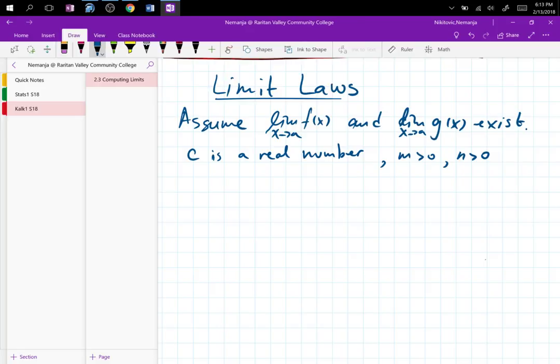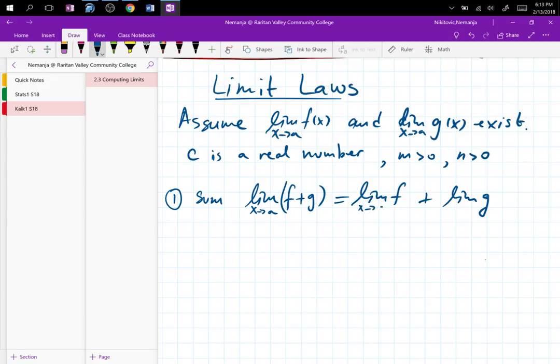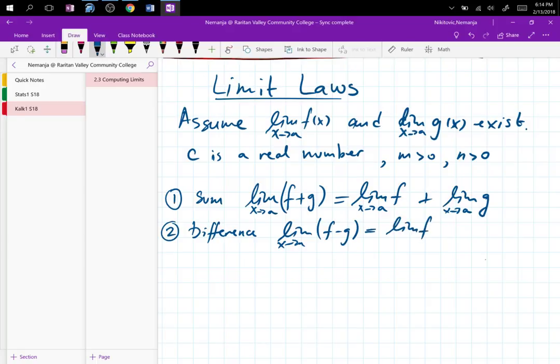Okay, let's take a look at the limit laws. Number 1 is the sum. The sum says that the limit of f plus g, where this is all f of x and g of x, is the limit of f plus the limit of g as x goes to a. Difference: the limit as x goes to a of f minus g is the limit of f minus the limit of g.